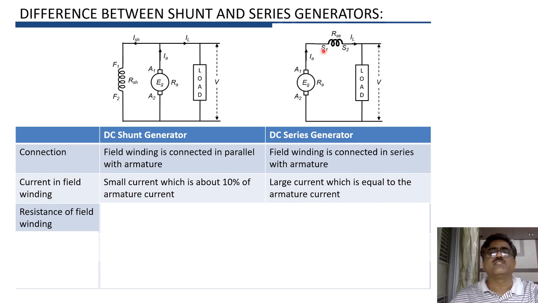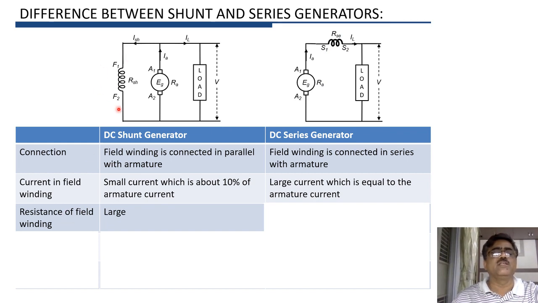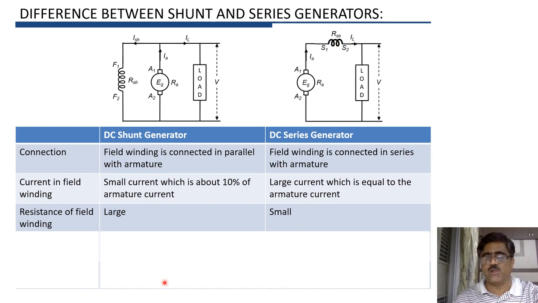Whereas here series field winding is in series, and therefore if its resistance is large, it will produce large voltage drop, and therefore resistance of series field winding should be as low as possible. So resistance of shunt field winding is large, whereas resistance of series field winding should be as low as possible. It is very small.